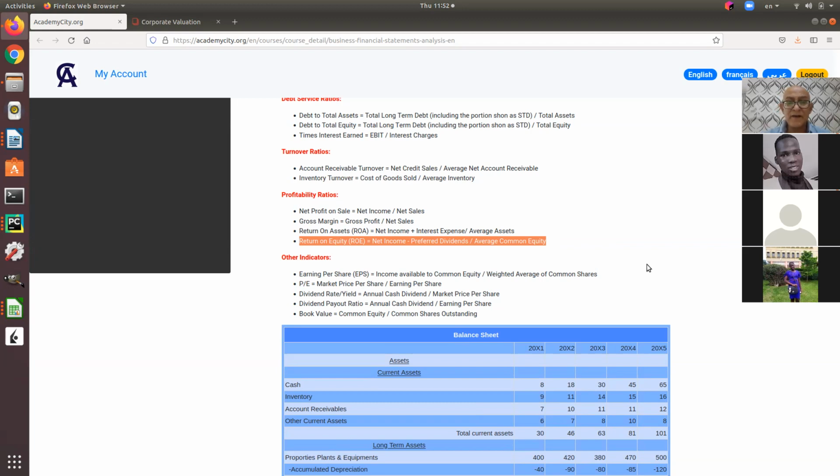So preferred stock in one word is preferred in the sense that if the company is profitable and the company is declaring dividend, they will be the first to get dividend. I repeat it. They are preferred in the sense that they will be the first to get dividend if the company is paying dividend in a certain year.